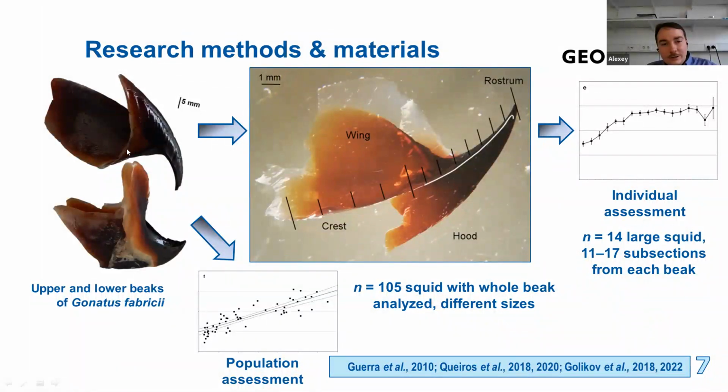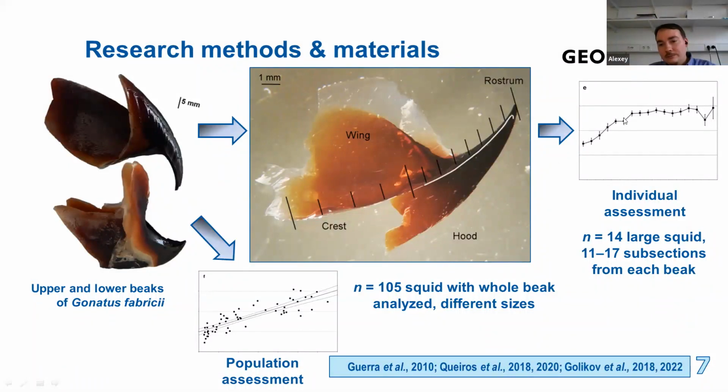And as I told you, we know the growth direction. So if we cut the beak in halves, and then take respective pieces from the most anterior to the most posterior part, we can have a trajectory within the individual, from the first to the last point. What has it been eating?